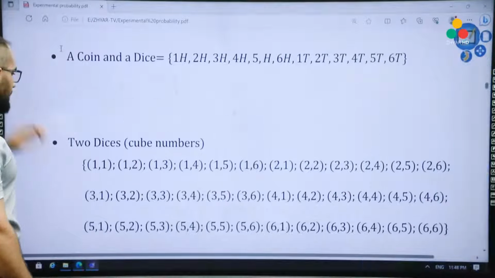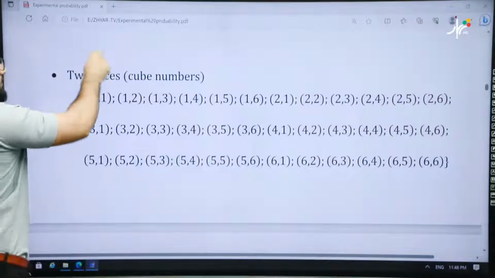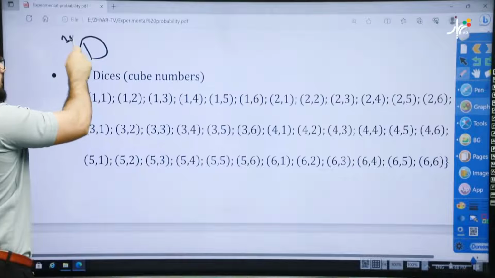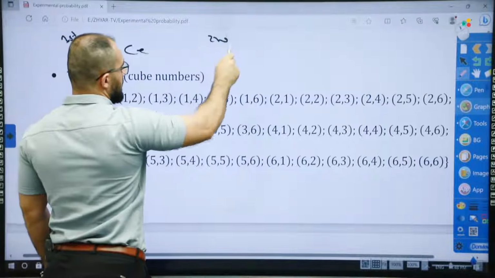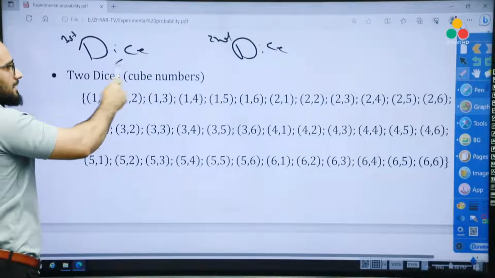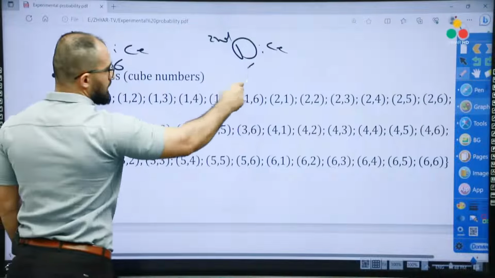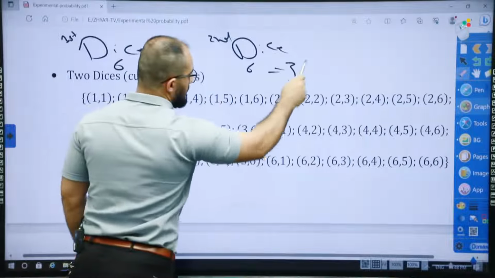Then finally we have 2 cube numbers, 2 dice. Let's say you have a first dice and also a second dice. For the first one, the sample space is 6. For the second one, the sample space is 6. 6 times 6 is equal to 36.